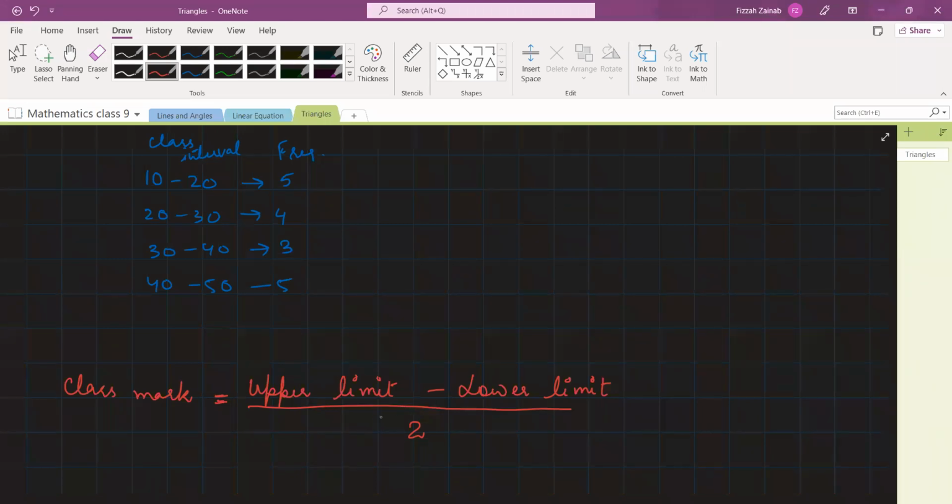See, this is nothing new. I mean, this is common sense. Now see here, I want to find the mid value of 10 to 20, right? Now I know it will be 15, clear?